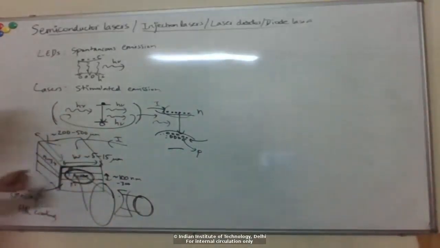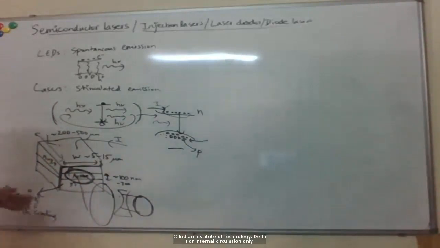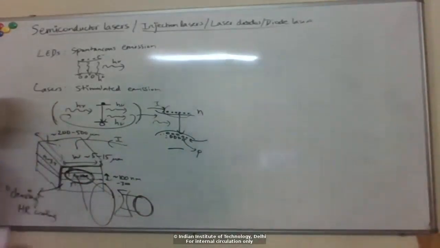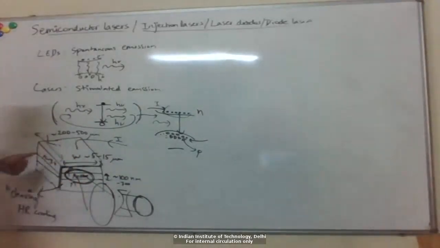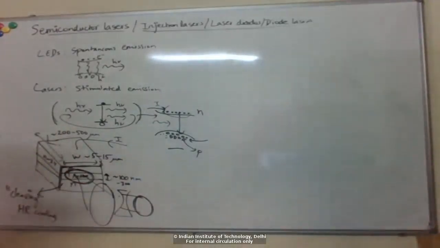So you can also coat these facets with high reflective coatings. But anyway, the most basic laser would just be a cleaved facet. And if you want to enhance the efficiency further, then you can make high reflectivity coatings.